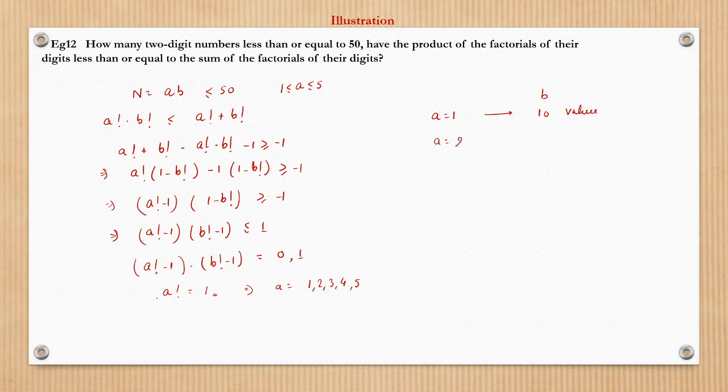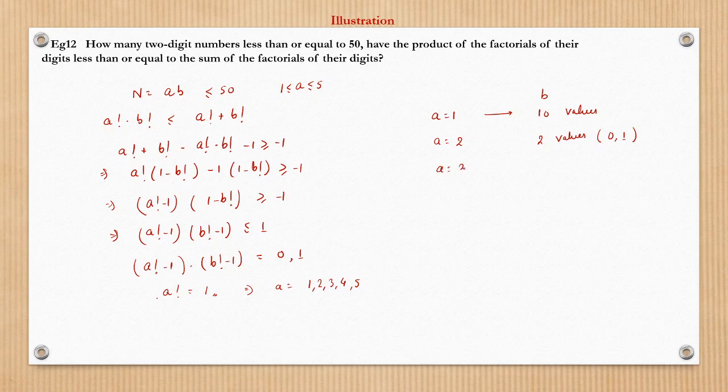Now if a is equal to 2, then 2 factorial is 2, and 2 minus 1 is 1. So this has to be 1, or 0, so b can take the values 0 and 1, which are two values.